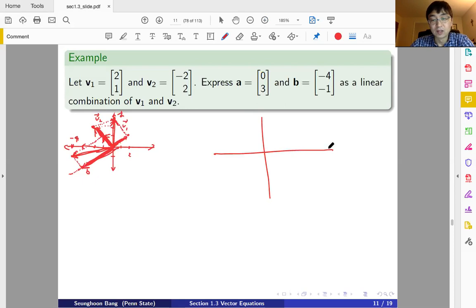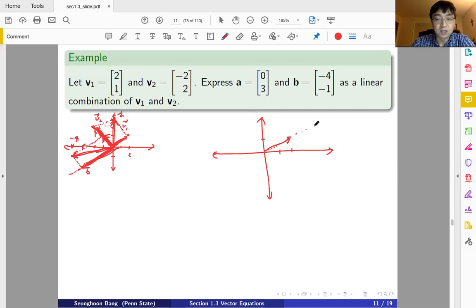This is exactly today's lecture. You can draw vector v1 here, (2, 1). This one is vector v1.